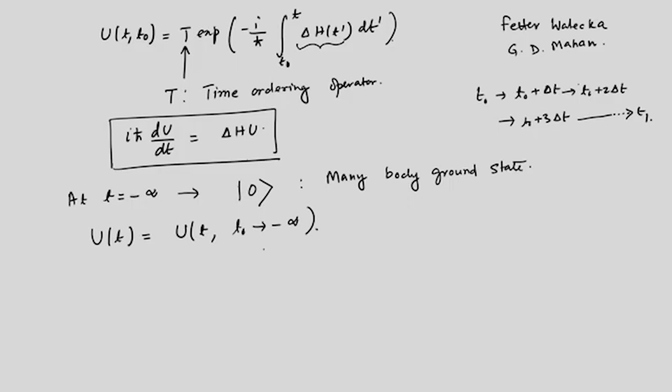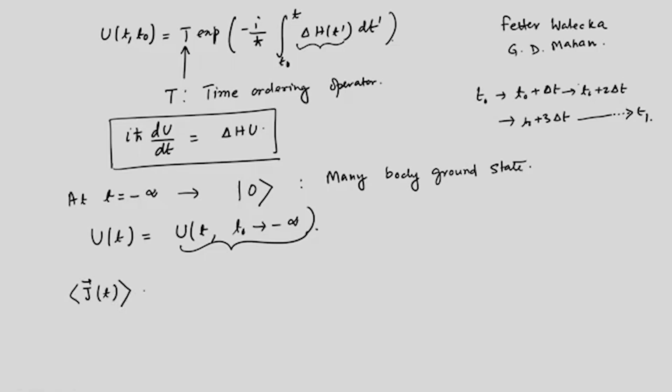Because it now depends only on one time variable, we simply call it u of t. You always calculate some expectation value in perturbation theory by using the different orders of perturbation theory, so we are going to calculate j of t.